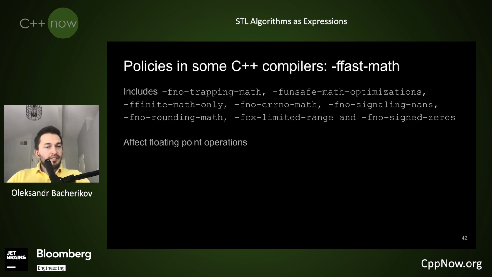And it's interesting to see how many objects in C++ follow this definition. The first one we can find in some compilers like GCC and Clang is the fastmath compilation flag, which includes a bunch of other flags. And the idea here is to optimize some floating point operations by ignoring some corner cases that they can have.